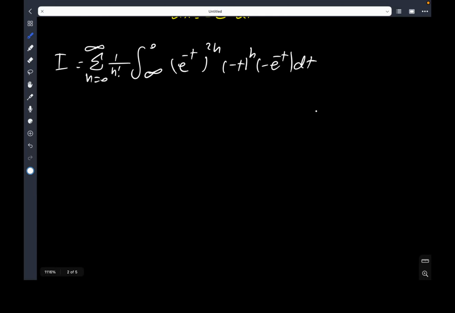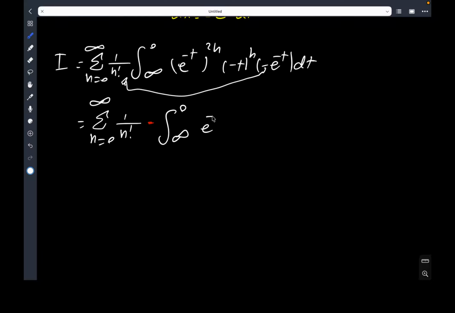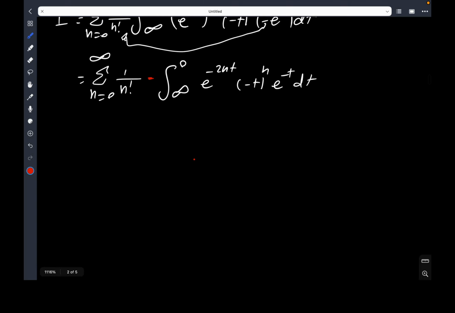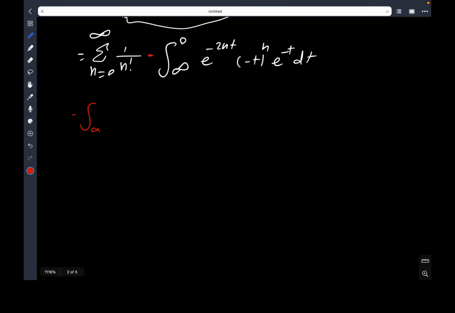According to the properties of integrals, this negative can be pulled out, and it flips the bounds of the integral. If I have, for example, negative integral from a to b of f of x dx, it is the same as the integral from b to a of f of x dx.